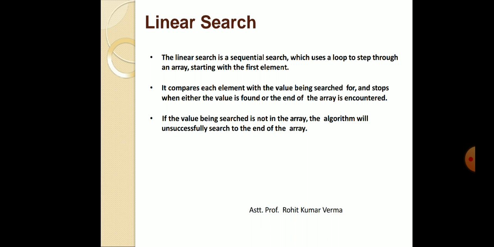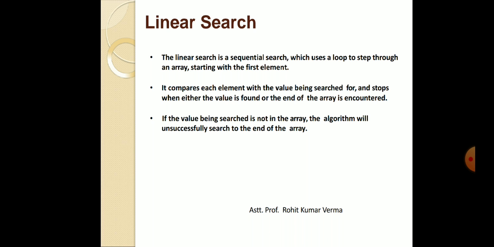You can start from the first element. If the searching value is available in the array, you can say our search is successful. Otherwise, if that value is not available in the array, then you can say our search is unsuccessful.